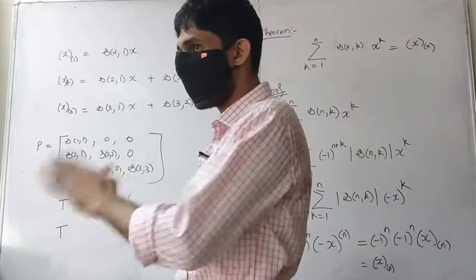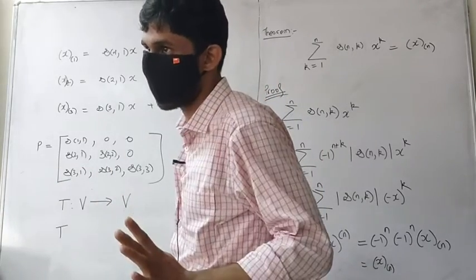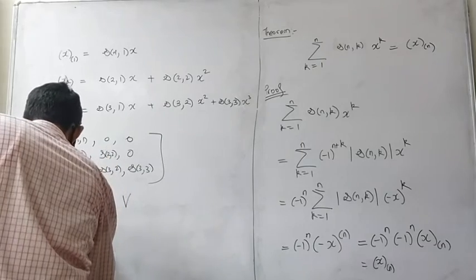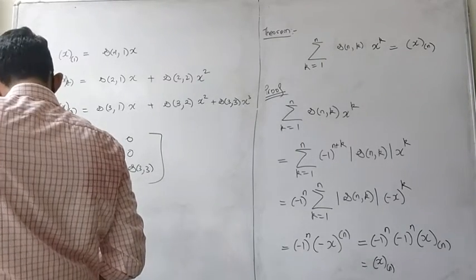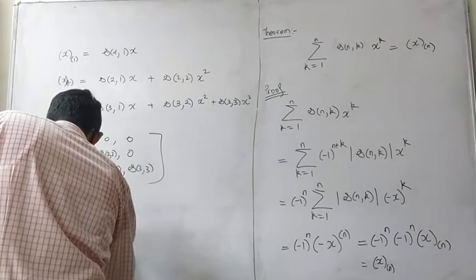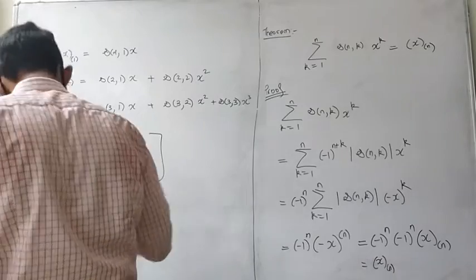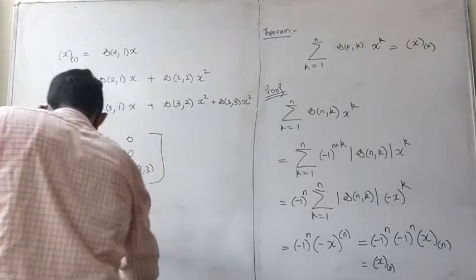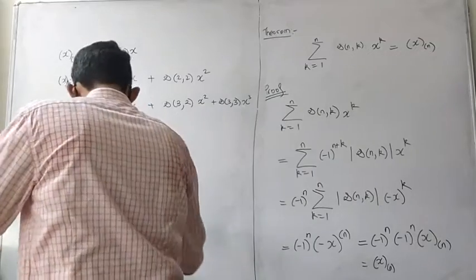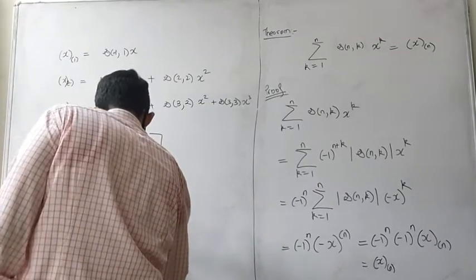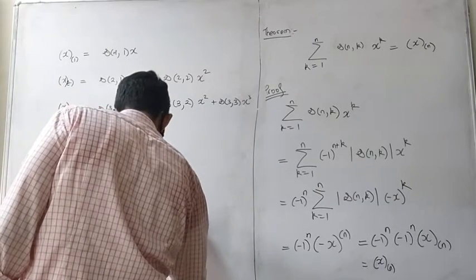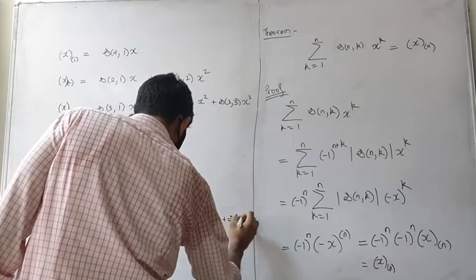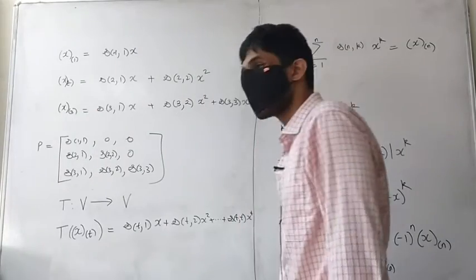Here, I'm taking the basis elements x^t to s_{t,1} x plus s_{t,2} x squared up to s_{t,t} x^t. That's the way I am defining this.